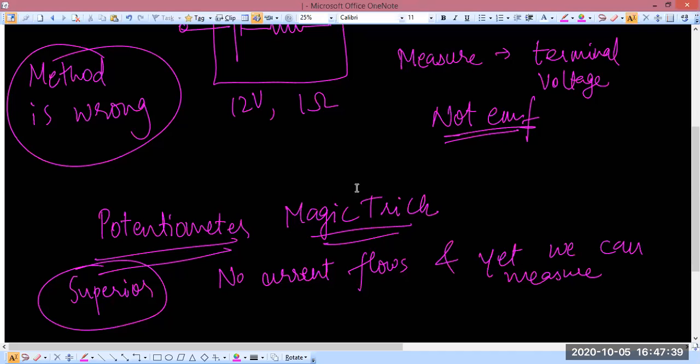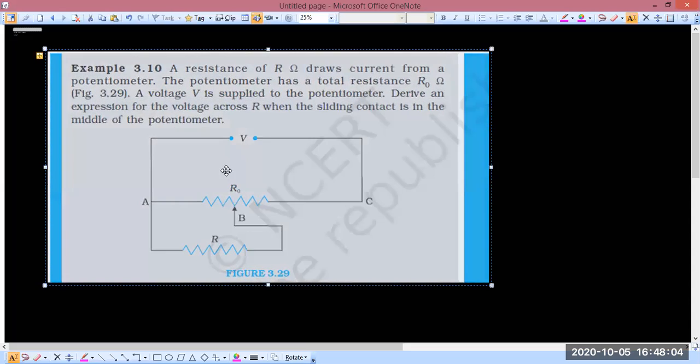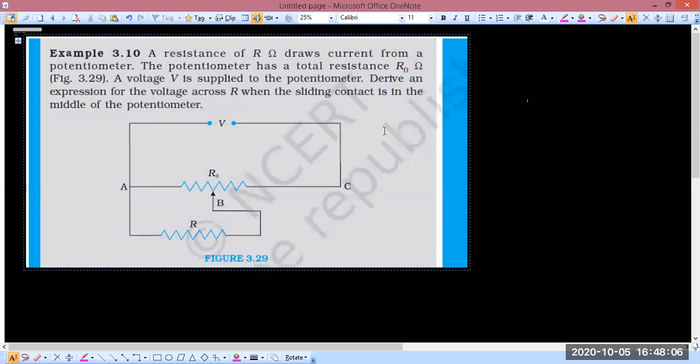Right, now we are going to solve example 10. Everyone, example 10 from the book. ક્યાં છે? આ રહ્યો. Okay.